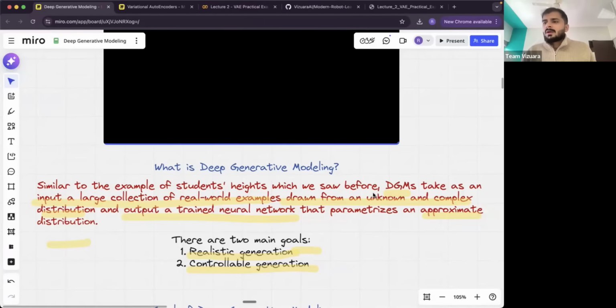And in fact, a lot of the image generation tools which initially came out, like Midjourney and Stable Diffusion, were all deep generative models. So we have cracked this, and we are going to look at exactly how this was possible. There are two main goals of deep generative modeling. Firstly, the generation should be realistic, and it should be controllable.